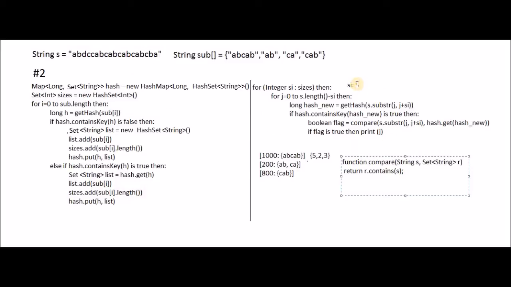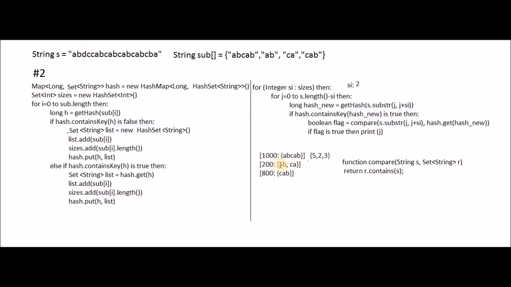Now we go to replace this phi with a 2. So now we go to the second one. Once we exhaust the string completely, we go to our second size, that is 2 in this case, and then we take strings of size 2, that is AB, and then we check whether it exists.